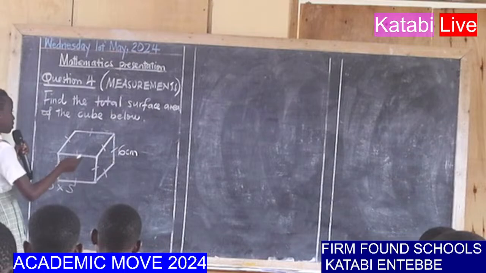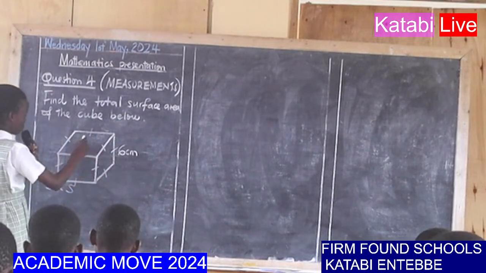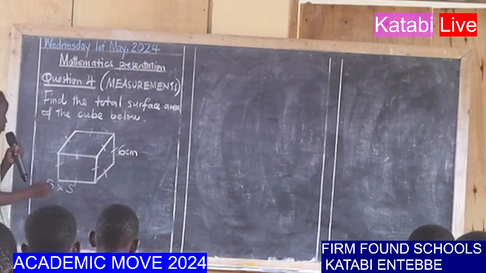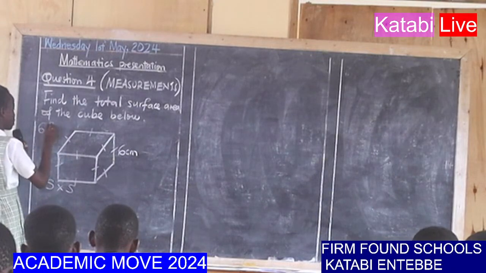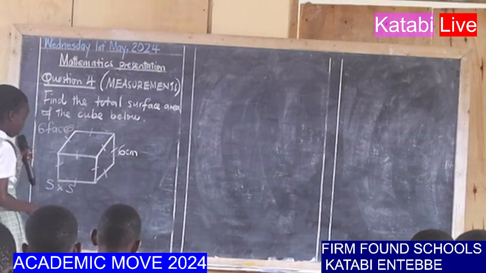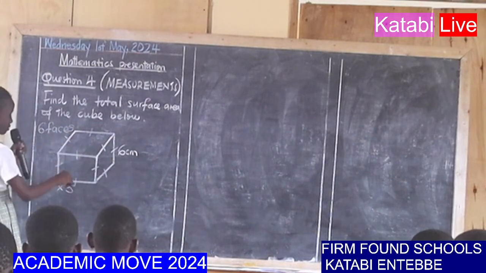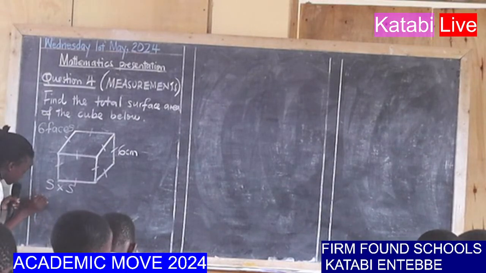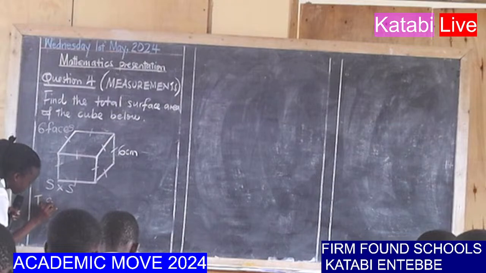But now, this whole cube has how many faces? 6. So since it has 6 faces, and we want to find the total surface area, its short form is TSA.